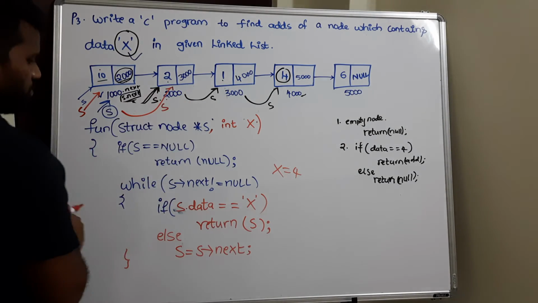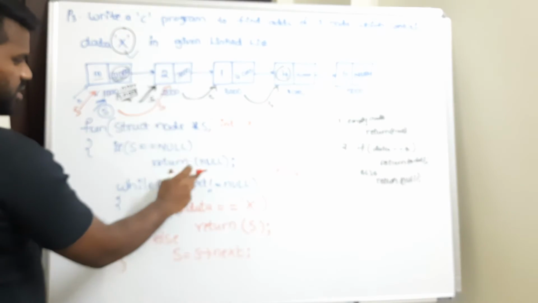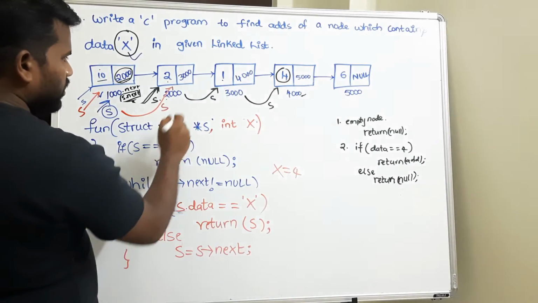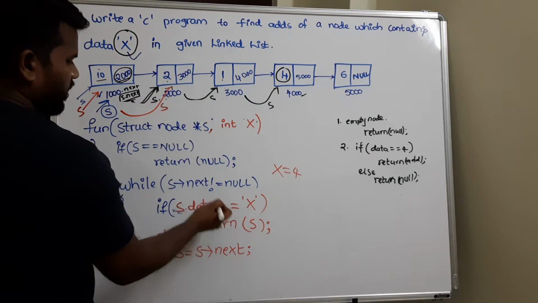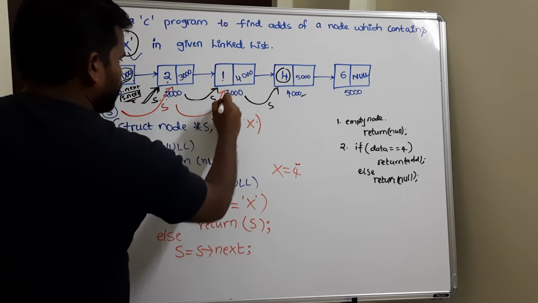Now s is equal to 2000, next not equal to null, that is 3000. So s dot data 2 not equal to 4, then we move to the next node, that is s.